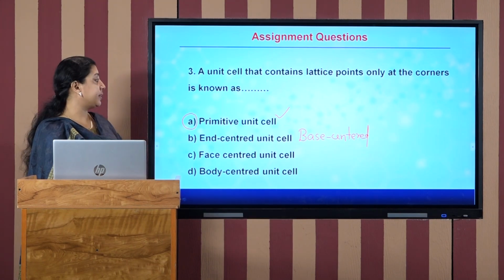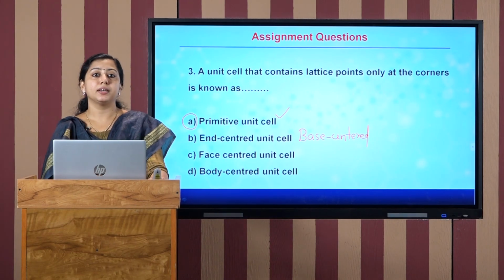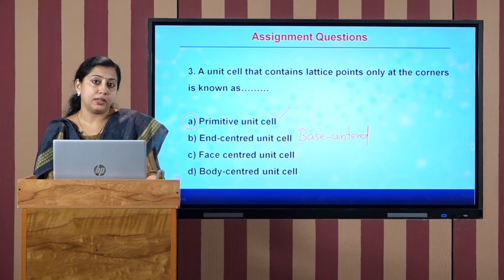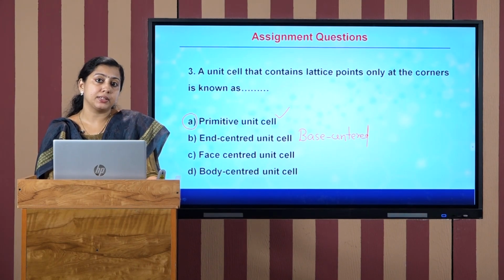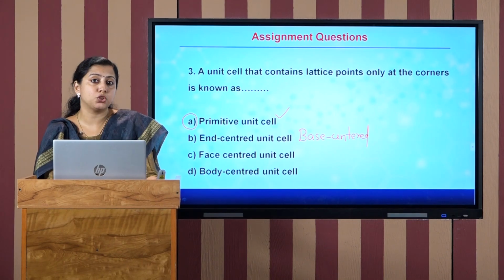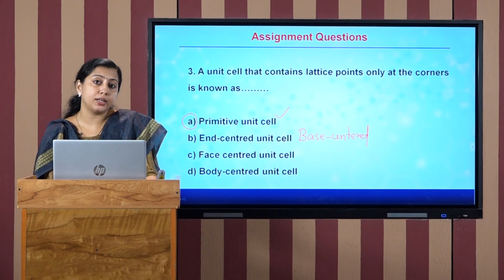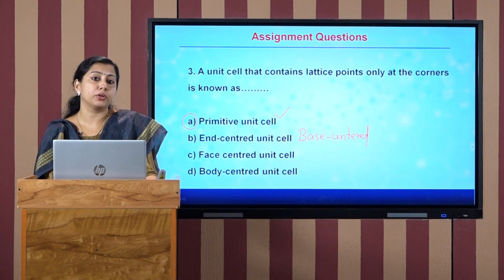Now, the third option is face-centered unit cell. As the name suggests, in a face-centered unit cell, the atoms will be present at the corners, plus there will be atoms present at the center of each face. There are 6 faces in a cube. So, at the center of each face of the cube, you can find an atom.